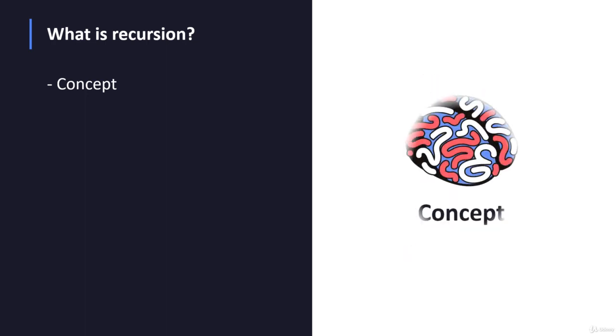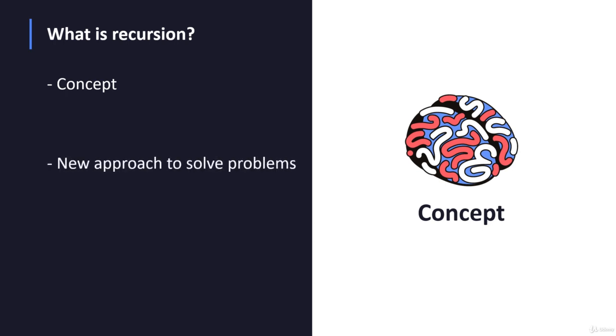Think of it as a new approach or a new way to solve different problems or different questions. In most cases, this will be done also in fewer lines of code. Okay, so this is just a method for solving problems, okay, a new method.